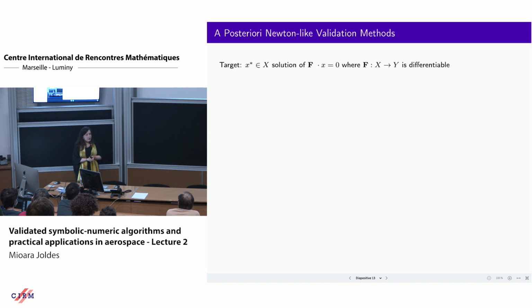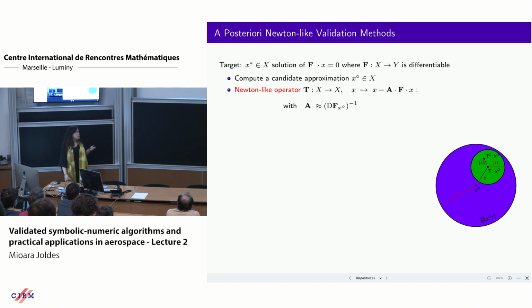So here, if I have a solution of an equation f(x) equals 0, then if f is differentiable, I can build a Newton-like operator by considering the inverse of the Jacobian of f at the initial guess. And of course this inverse, if I can compute it exactly, I have solved the problem because I just invert the Jacobian. But actually, it's more difficult to compute.